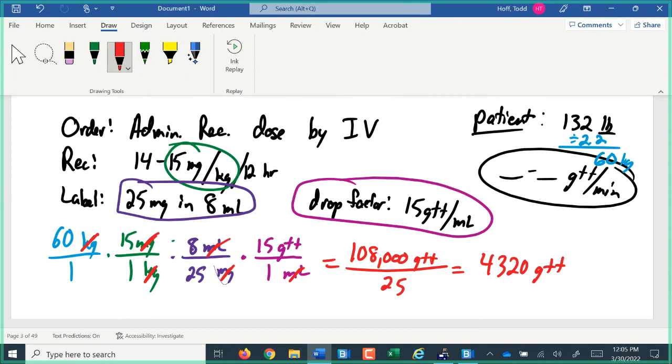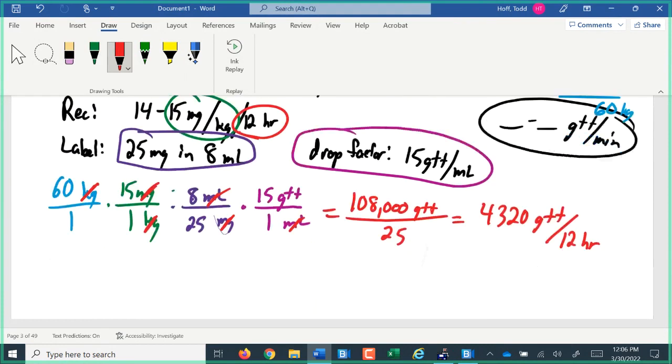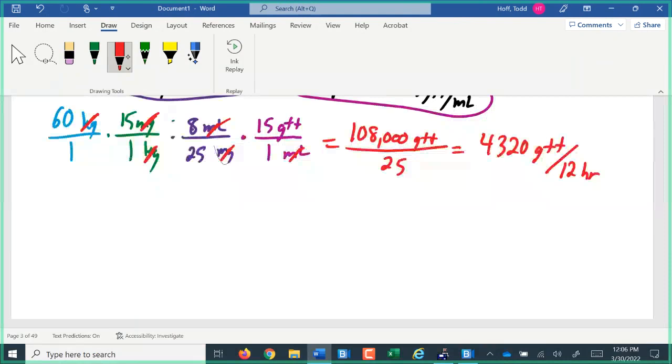Now is where we have to go back to our recommended dose and get the time. Before, all we used the time for was to make sure the time matched up with the doctor's order on how frequently to administer the medication. Here, we need that time to finish our calculation on our flow rate. So this is every 12 hours. So our 4,320 drops is over 12 hours.